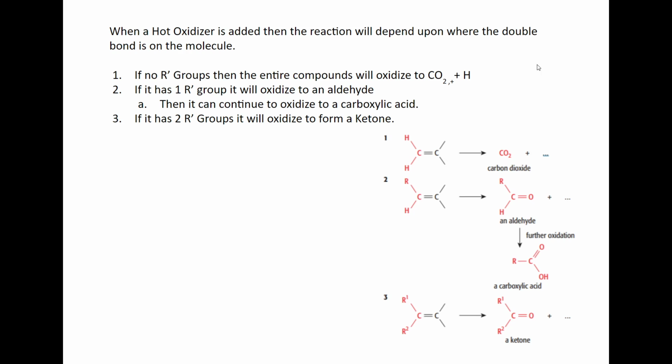And the idea is that when we have hot potassium permanganate solution, because we have that double bond and there's a little bit of tension in that double bond, the double bond can end up breaking completely for all of our alkene molecules.